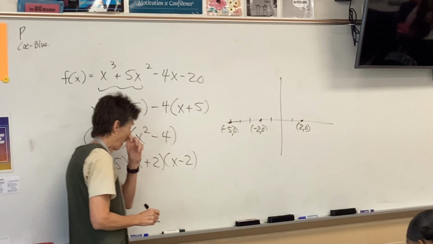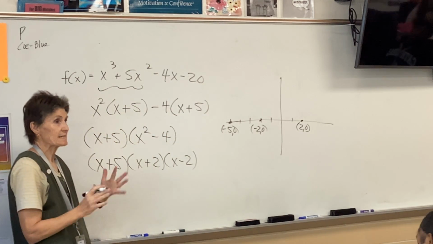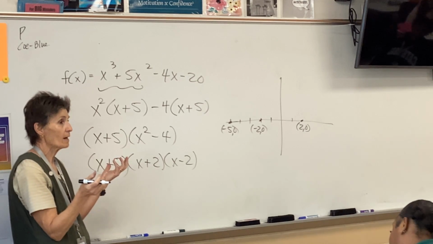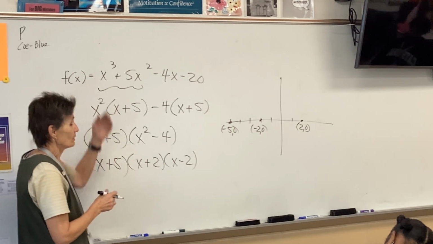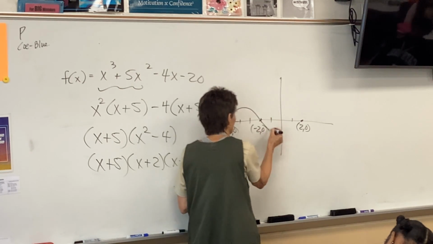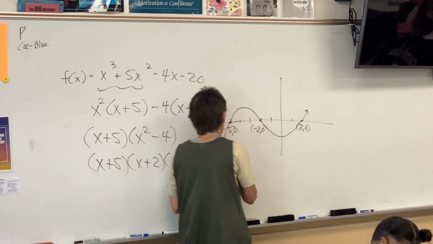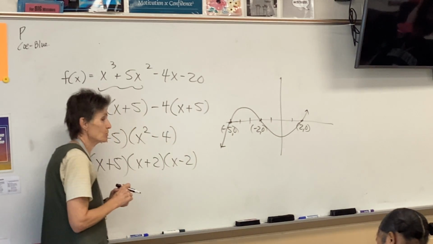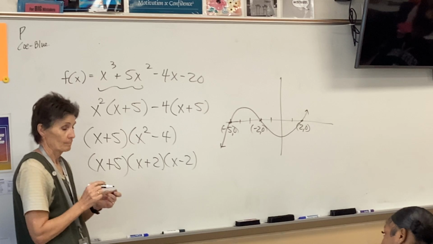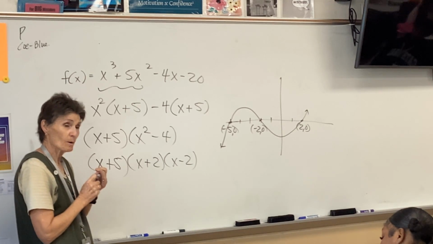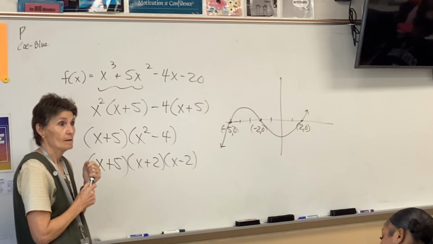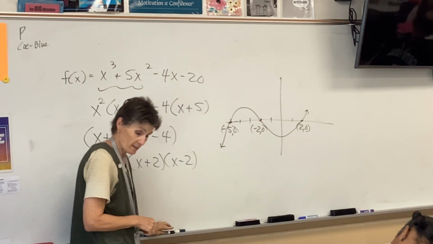Notice that none of my factors were the same, so there's no squaring, no bouncing going on. It's a regular old x cubed. So it's just gonna look like that. That's tomorrow's quiz. All right, and we will pick up there.